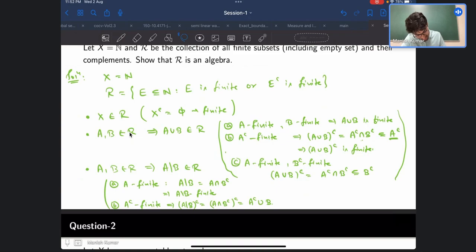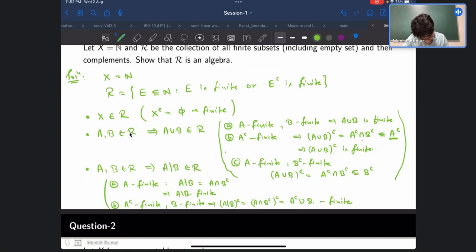Also you can assume B is finite, because the B finite and B complement finite has been considered here. So let us assume this as well, B finite. Now the moment I say B finite, then this is finite.